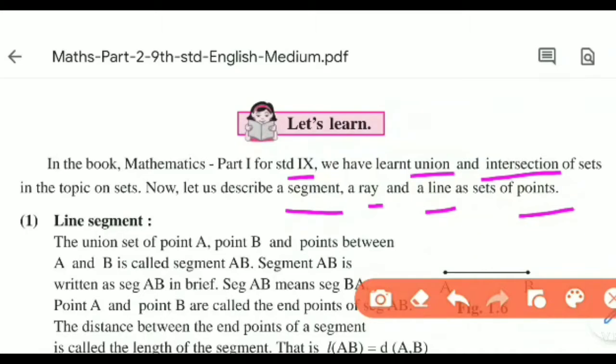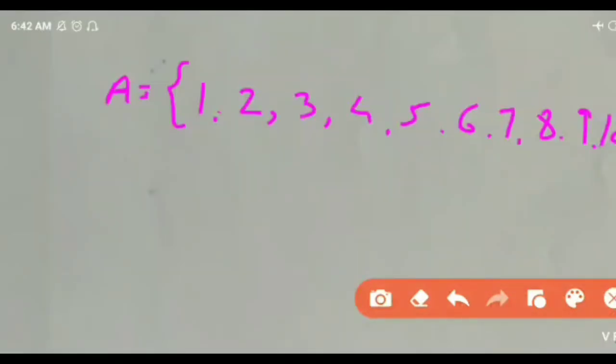Okay, so first of all, what is a union set? Before starting our concept, we will just review what the union set and the intersection set are.